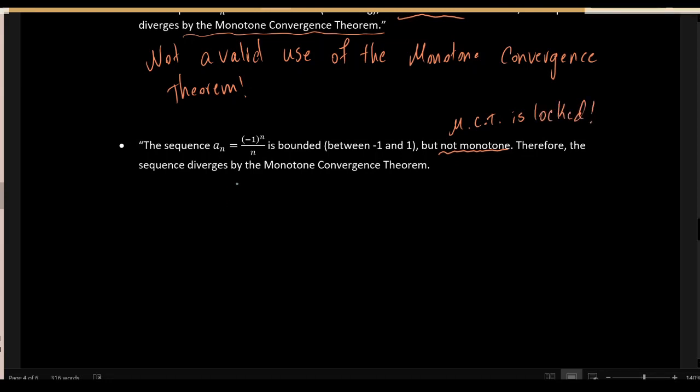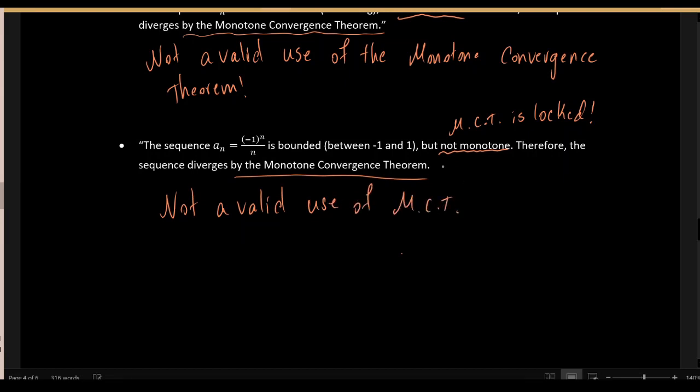And that means that even referring to the monotone convergence theorem, in this case, is completely inappropriate. Not a valid use. Not only that, but this time the student's answer is actually incorrect.